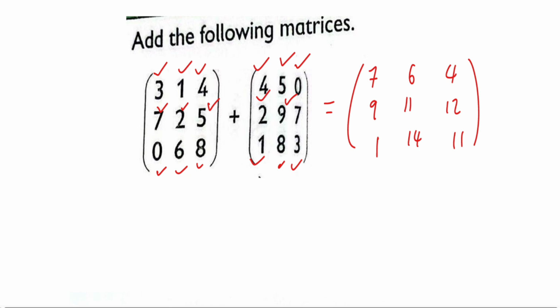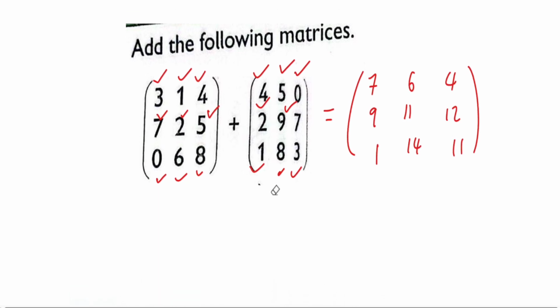But what if you change these signs? Let's say instead of having positive, we can have negatives in one of the matrices. What if something like that happens here? Then what do you do? So let's take a good example. Let's change one of these. Let's say you have -1, -5. You might have -9 here.